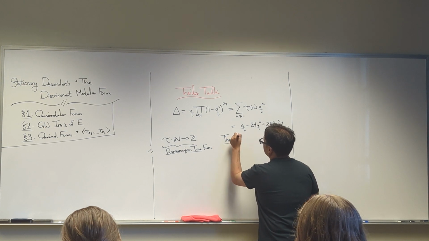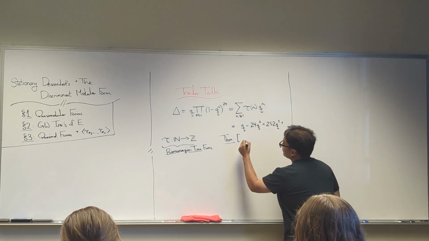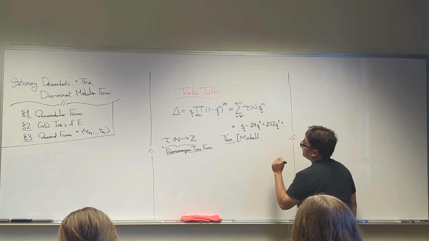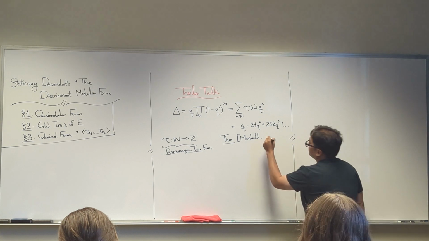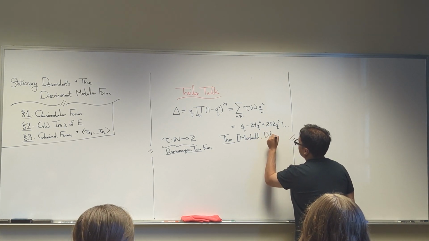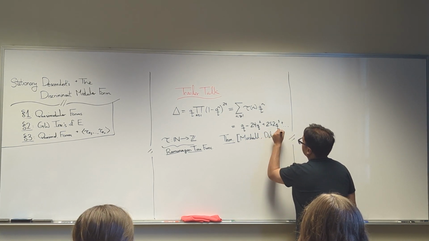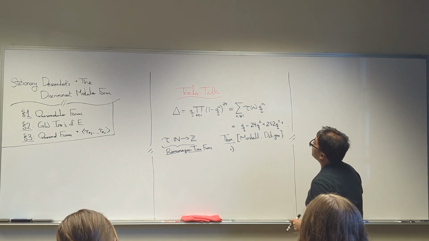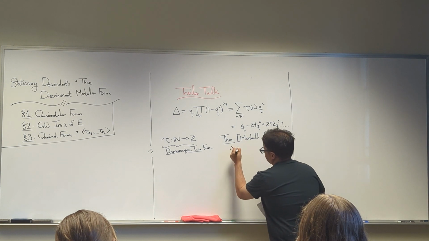Here are some, due to Mordell, and when Deligne solved the Weil conjectures, he also applied the following properties. One property of this Ramanujan tau function is that it's multiplicative.